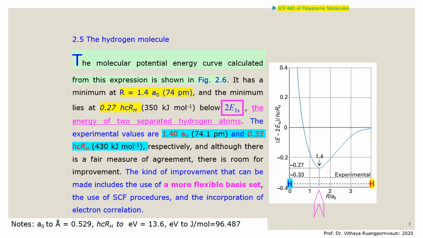But the energies are quite different. Improvements that can be made include the use of a more flexible basis set, the use of the SCF procedure, and the incorporation of electron correlation.